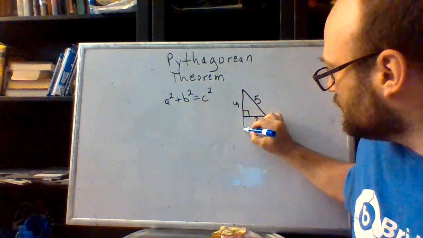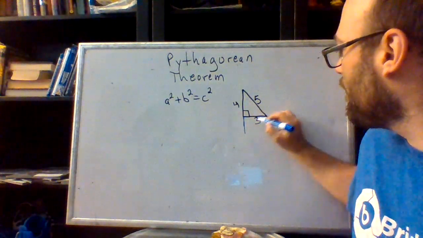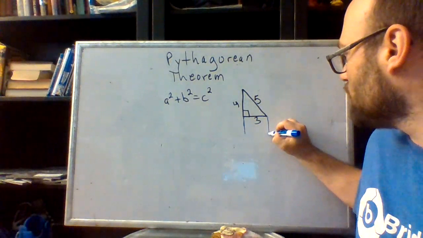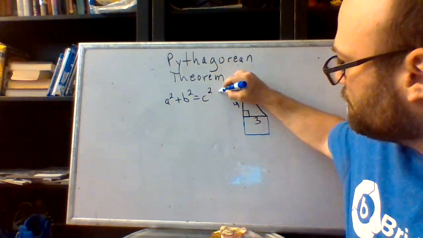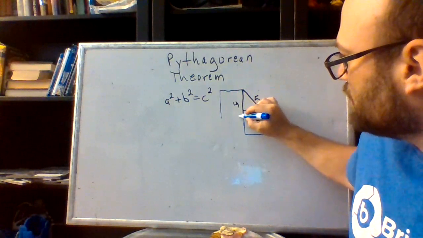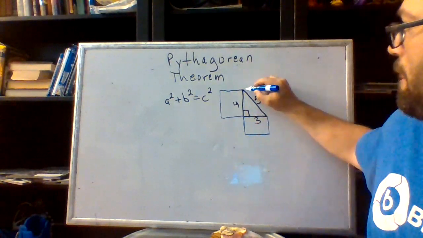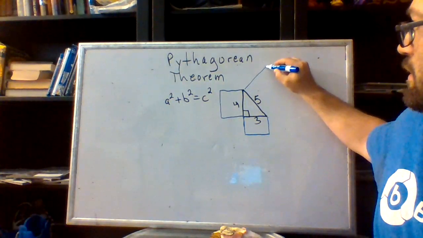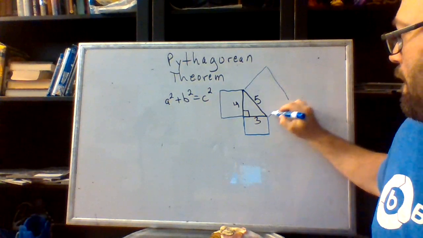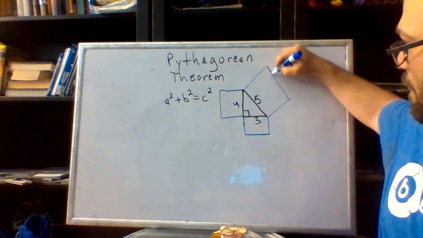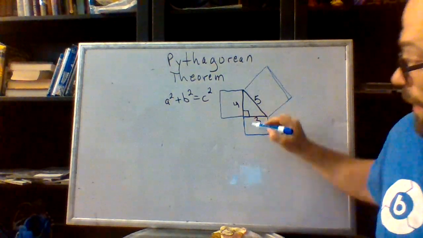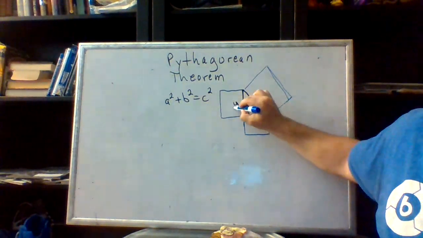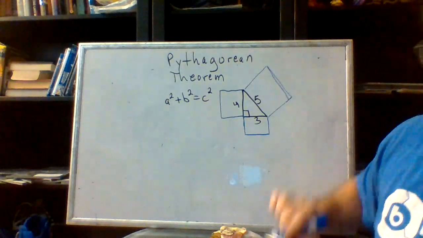If we make this 3 units, as perfect a square as possible, and this 4 units, and then 5 units. That's terrible. As you know, Miss Cream is a terrible drawer. But this square and this square equal that square.